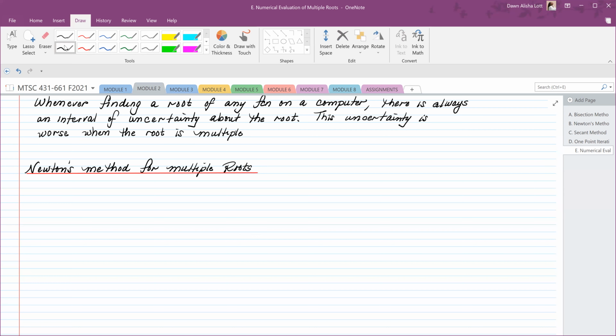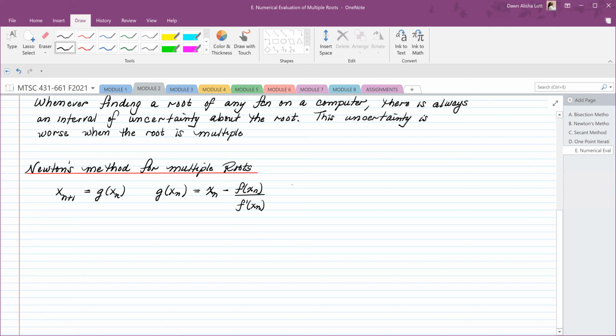Okay, so we already know that xn plus 1 is g of xn. That is exactly what we use. It is a fixed point method. So for Newton's method, g of xn, we already know, is xn minus f of xn divided by f prime of xn.